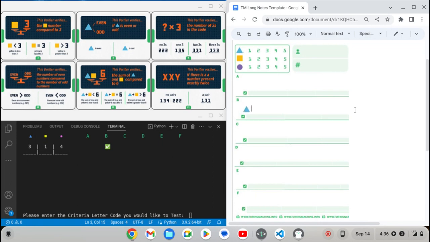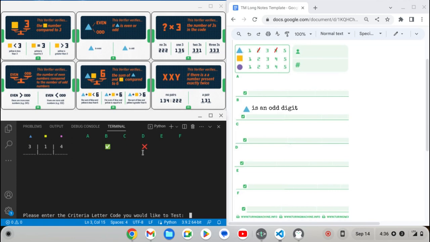So that triangle is an odd digit. Okay, and because it is odd, that means I can cross out all of the evens. So 2 and 4.